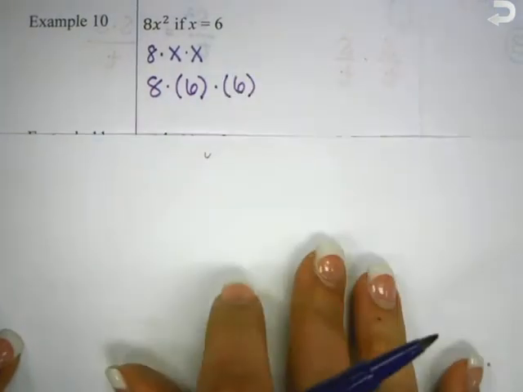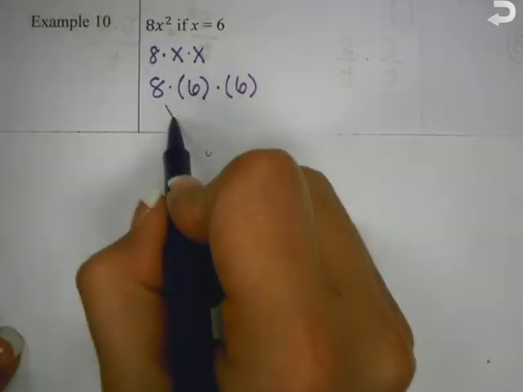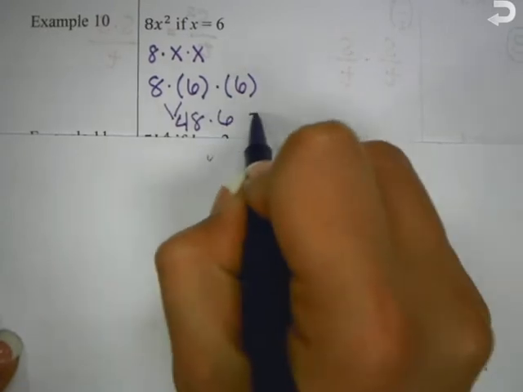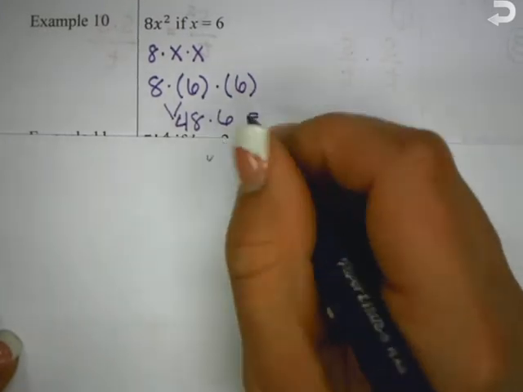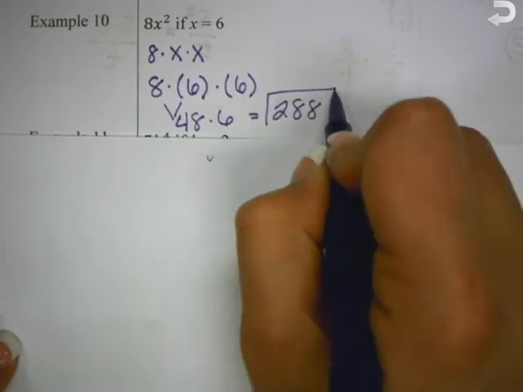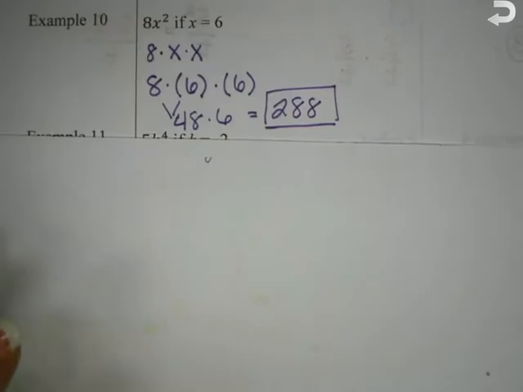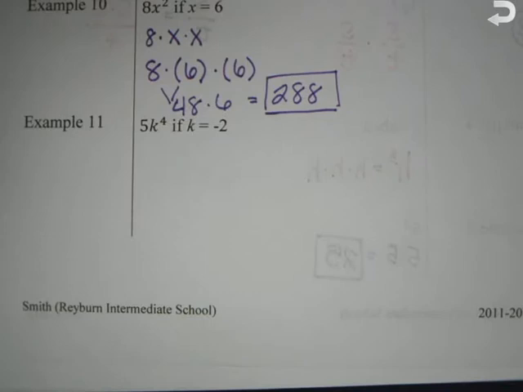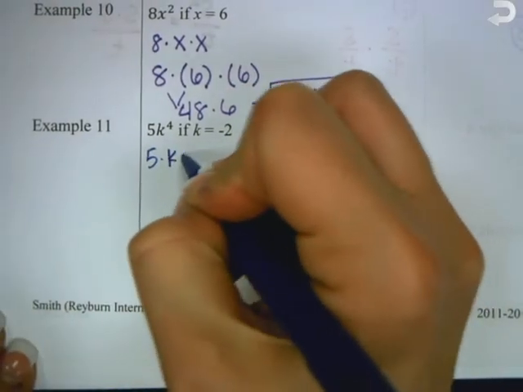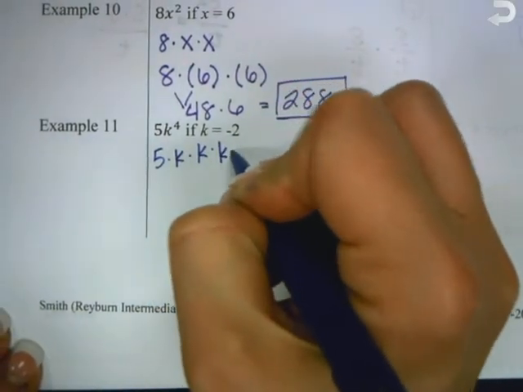How does it expand? 5 times a times k times k times k. Good. And then the negative 2. Yes, I plug in negative 2 for k. 5 times negative 2, what does that give me?